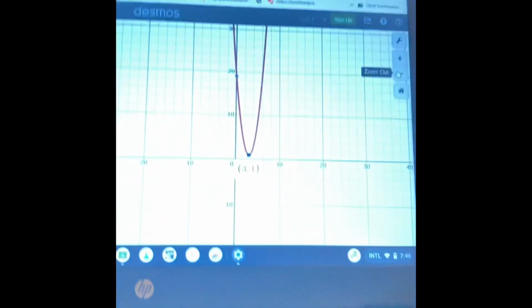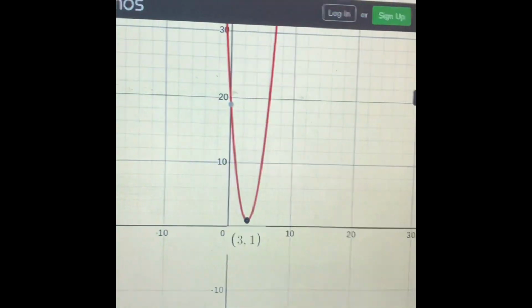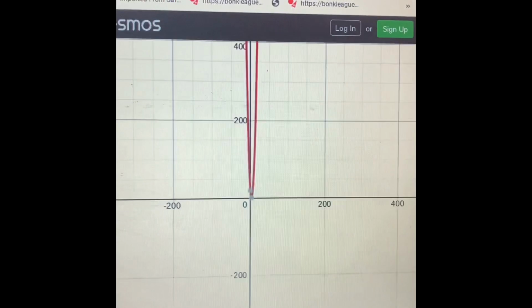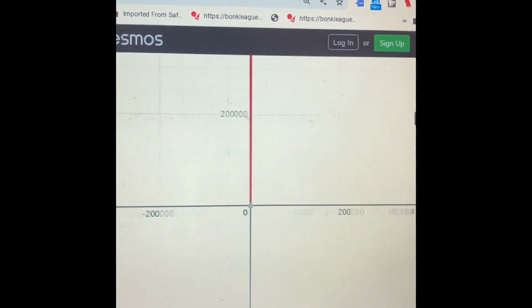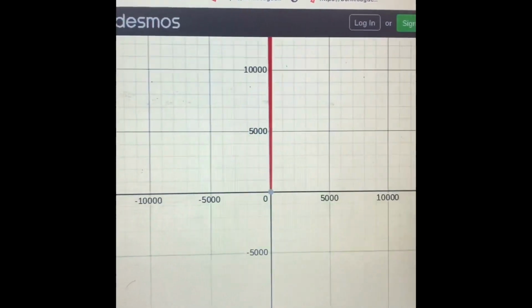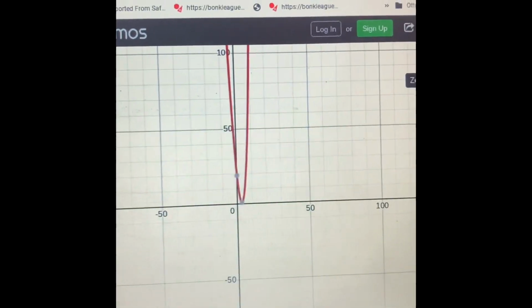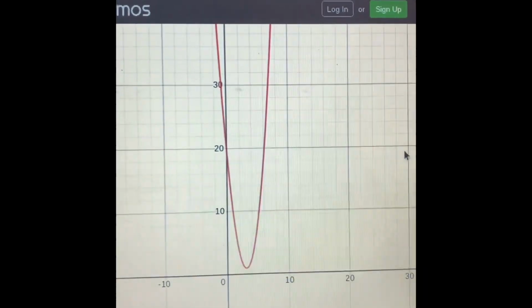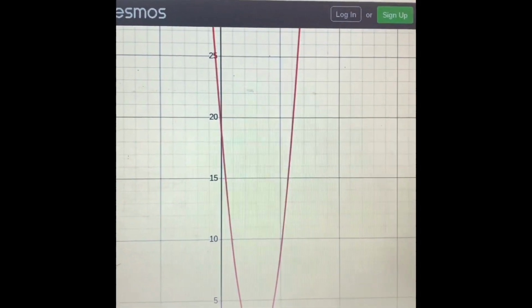But on Desmos, you can have an infinite amount of space to graph wherever you want, because it keeps going. Actually, the parabola on a graph will never, ever stop. And this is what the graph looks like.